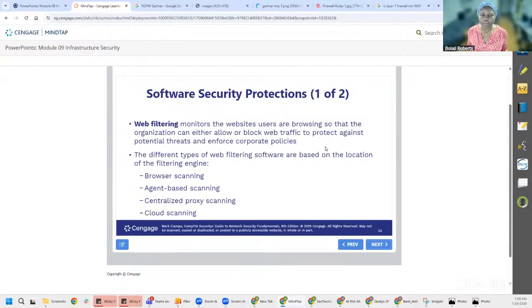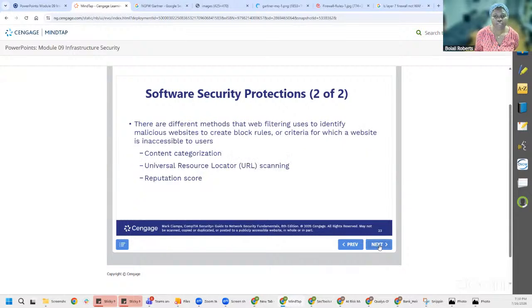And sometimes if it is harmful content, they will block it. And sometimes if it is something that's just FYI, it doesn't block it. It just shares and says, hey, this is the website that this person visited.